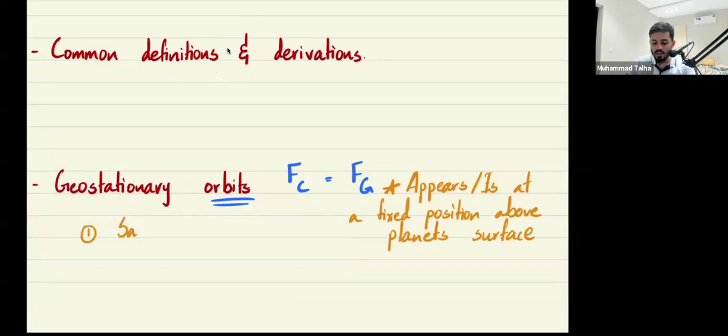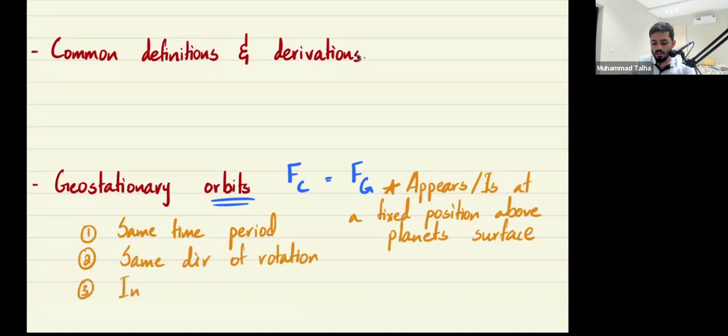It must have the same time period, the same direction of rotation as whatever planet we're talking about, and it must be in an equatorial orbit, or in an orbit in the equatorial plane. Right? So this is the idea here.